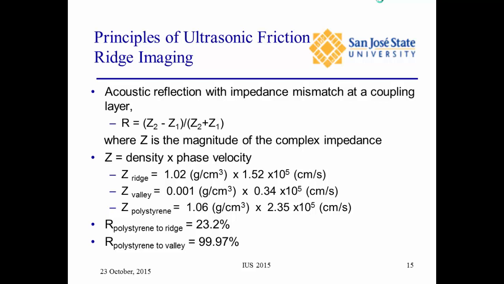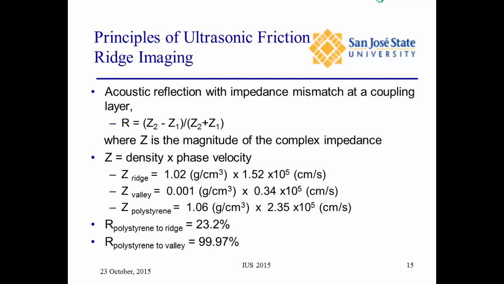And so the first equation there simply gives a reflection across two surfaces. And if the magnitude of the complex impedance is equal to the product of the density times the phase velocity, then you can plug in some values for the density of skin and the phase velocity of skin, and the density of air and the phase velocity of air. And then polystyrene can be used as a substrate because its density is about that of human flesh.